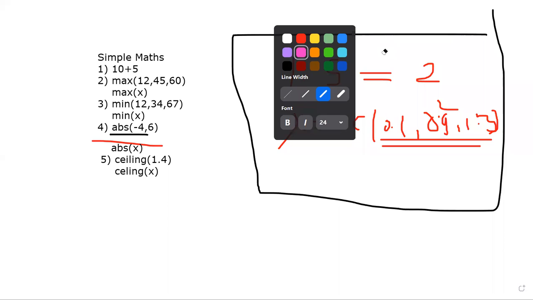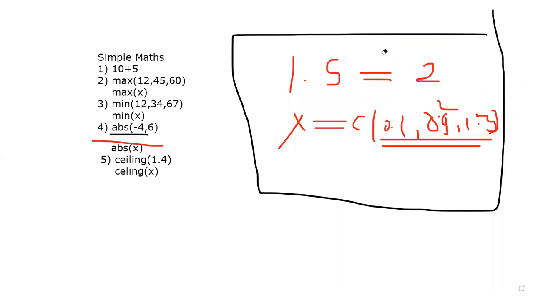Now if I want to convert these numbers in a downward direction, like if I have a value like 1.5 but I want it rounded off to 1, in the downward direction, I'll use another function which rounds this value in the downward direction. For 1.5, we'll get the answer 1.